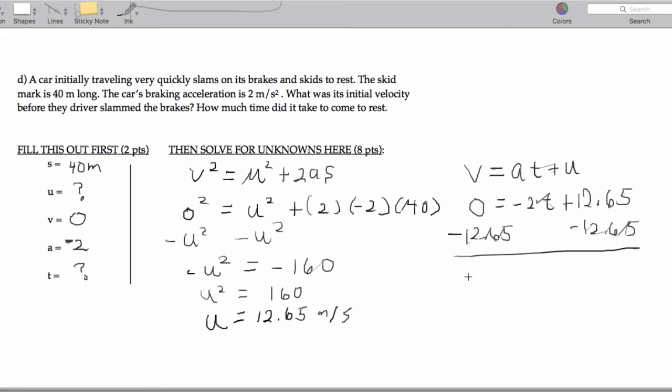And so we end up getting -12.65 is -2t. We're going to divide both sides by -2. And that's going to give us a total time to stop of about 6.3 seconds.